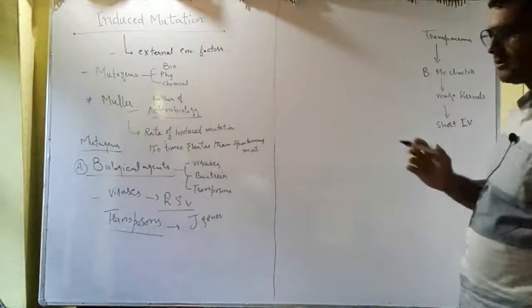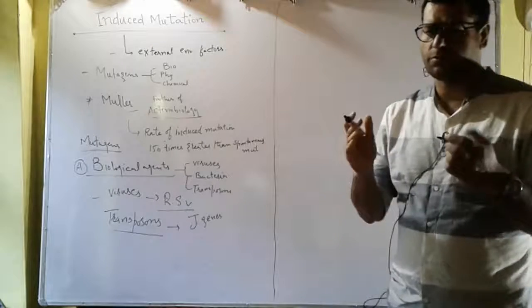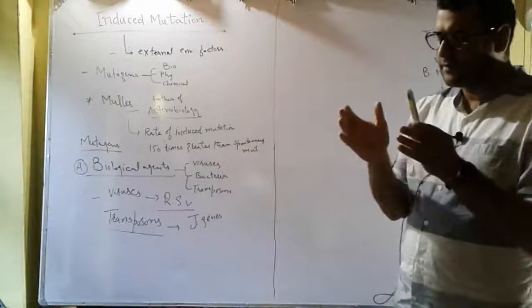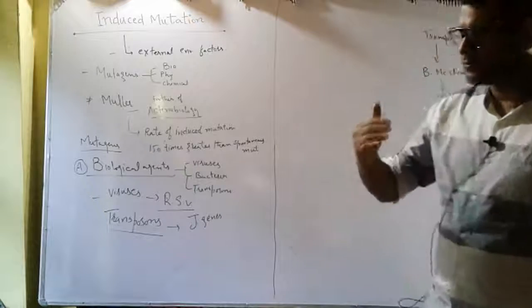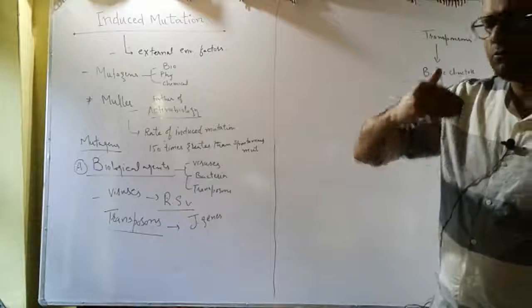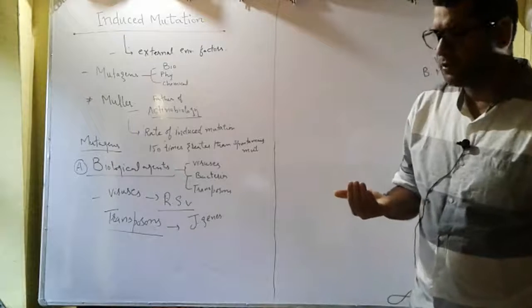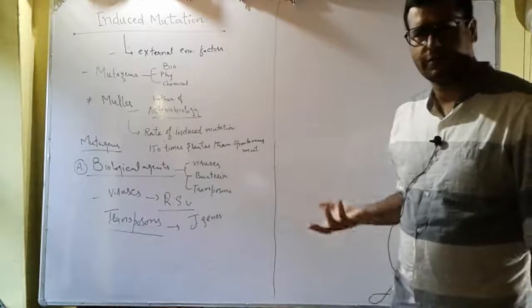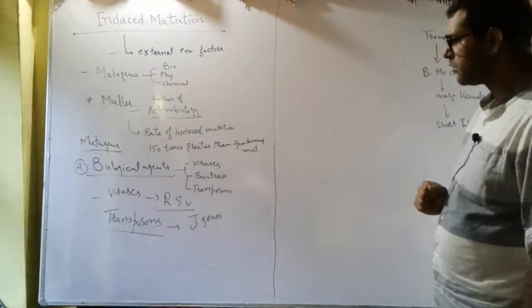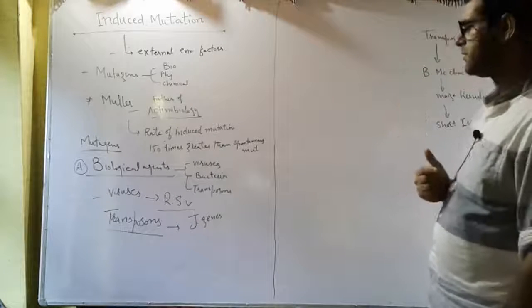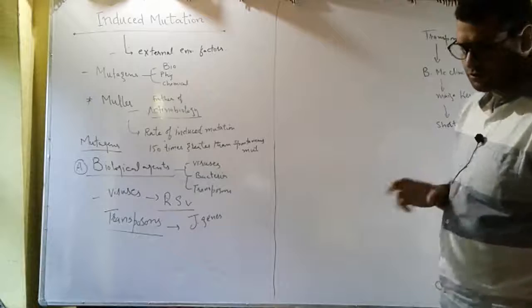These jumping genes, transposons or transposable elements, have short inverted repeats on their sides, and they move from one site of the chromosome to another site. So these transposons are also known to disrupt the function of the genes and cause mutation.